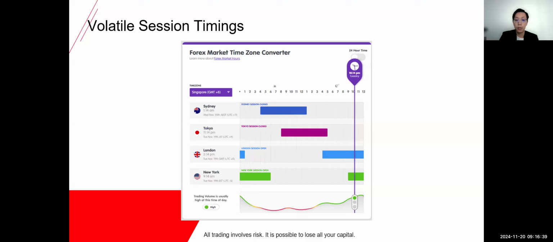ICT silver bullet, I think. These are examples of strategies for specific time zones.